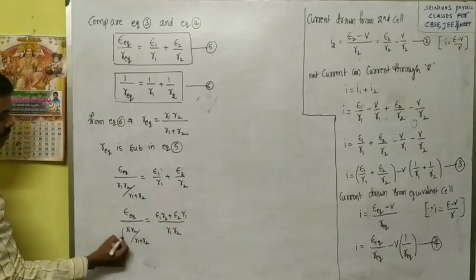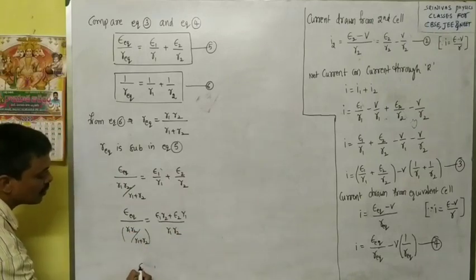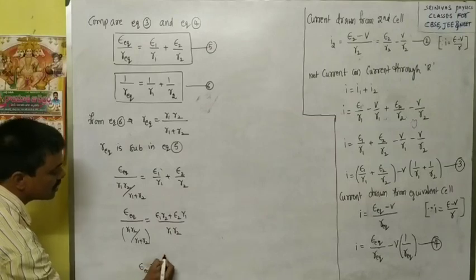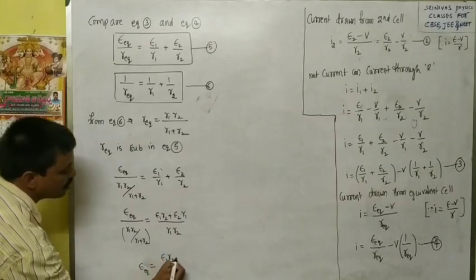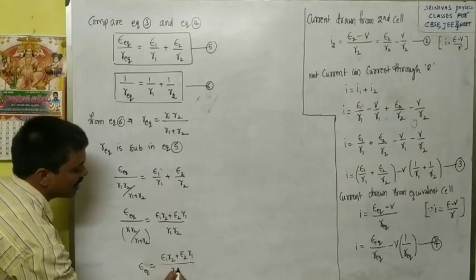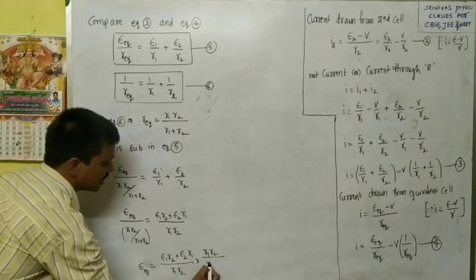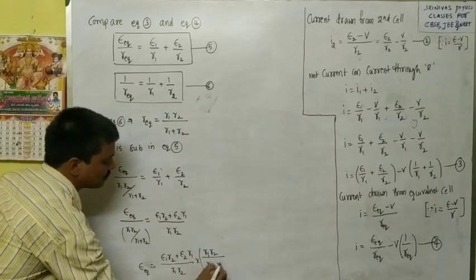We take this term to the right side. Then E equivalent is equal to E1 R2 plus E2 R1 by R1 R2, into R1 R2 by R1 plus R2.